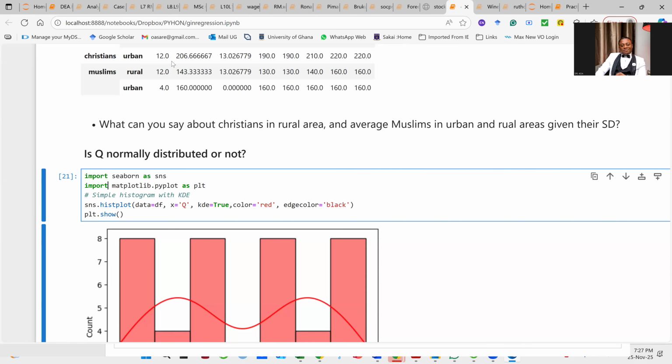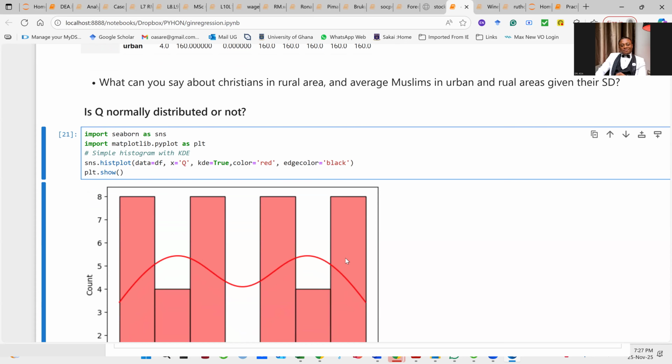So we do that. This is the command for that. SNS is the Seaborn command. We call histplot. The name of the data is df. The x-axis is Q. The kernel density true means that you want it to show the kernel density. If you say false, it will not bring the kernel density graph.